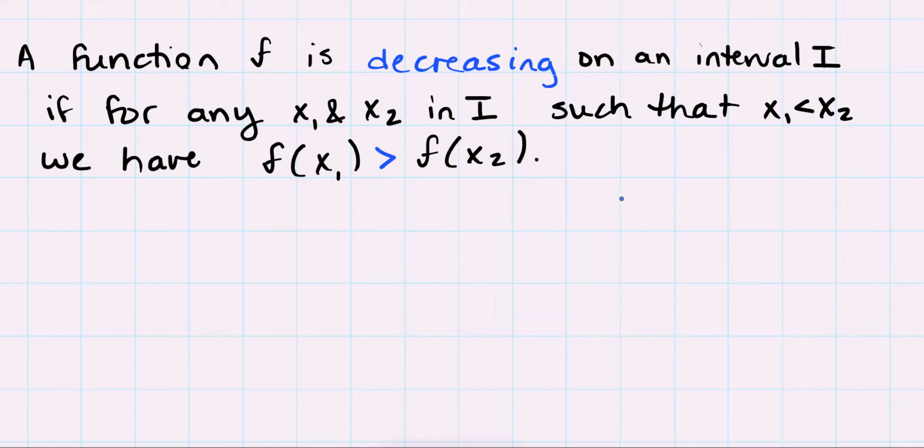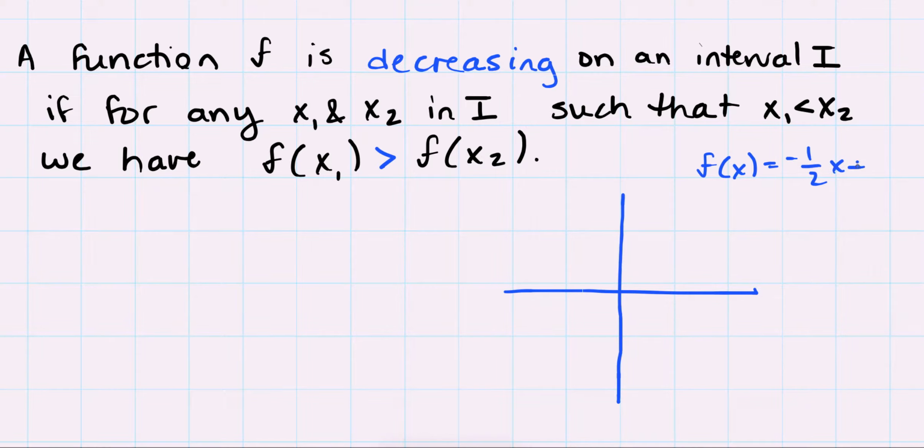Let's look at an example. We could do a line again. Let's say f of x is equal to negative 1/2 x plus 1. Now this goes through 1 here, and the slope is up 1 over 2. So it's going to look something like this. I'm just sketching it.